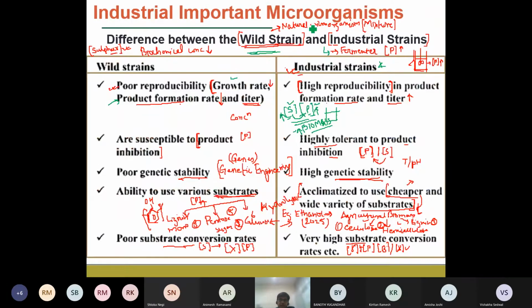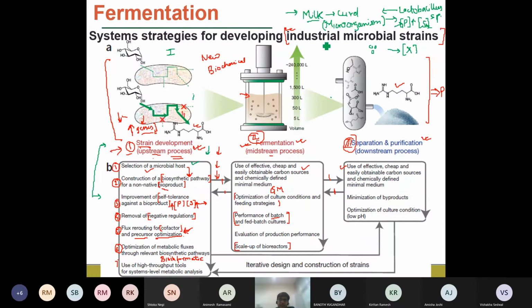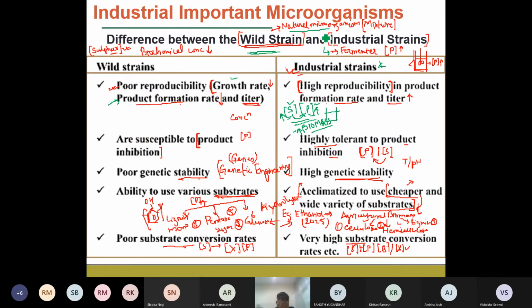For example, we talked about the natural microorganisms. If you see some of the microorganisms that are extracted from the soil, they are used for the production of some sort of antibiotics. We extract the microorganisms which are responsible for producing one of the targeted antibiotics.